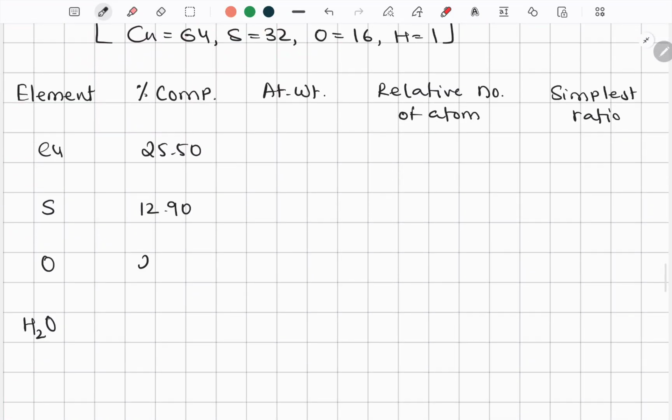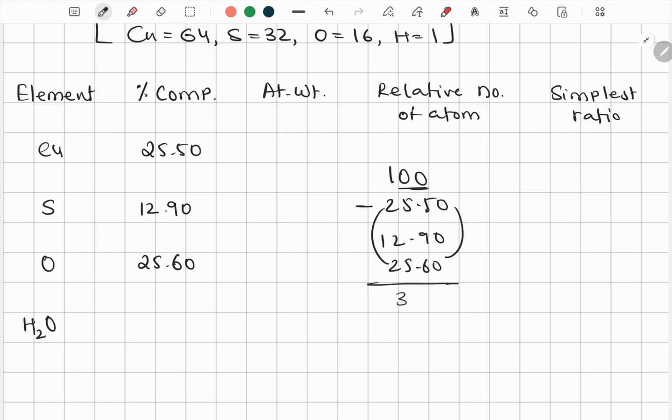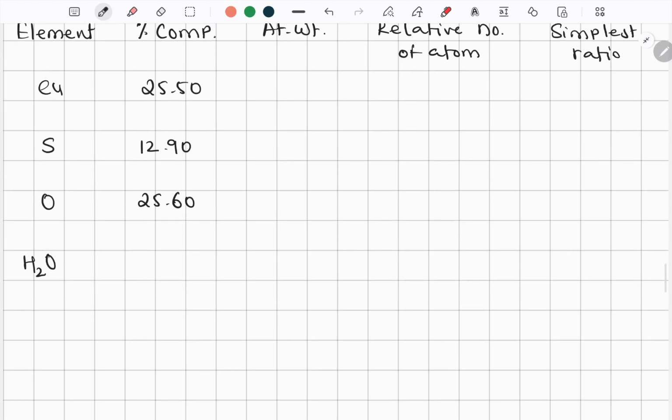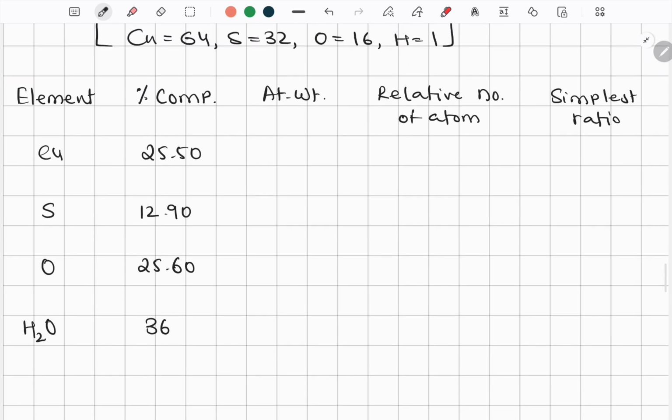Oxygen is given as 25.60%, and whatever remains is the percentage of water. When we subtract 25.50, 12.90 and 25.60 from 100, we get 36. So the remaining 36% is the percentage composition of H2O, which is the water of crystallization.